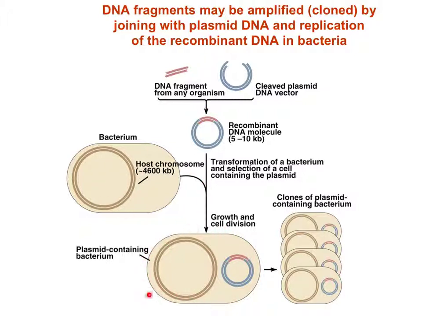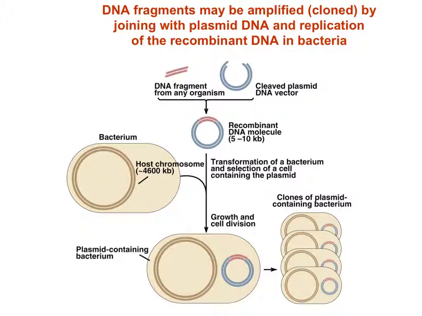Now your bacterium has its host chromosome, but it also has your plasmid, and you can identify or track your plasmid by using, for example, ampicillin if it has a beta-lactamase gene marker.